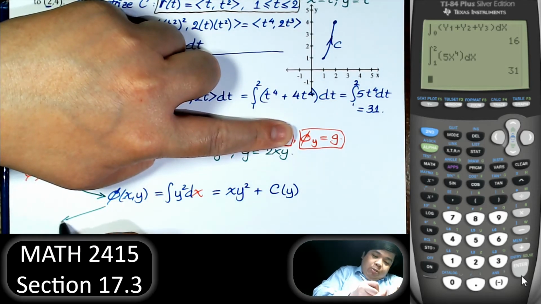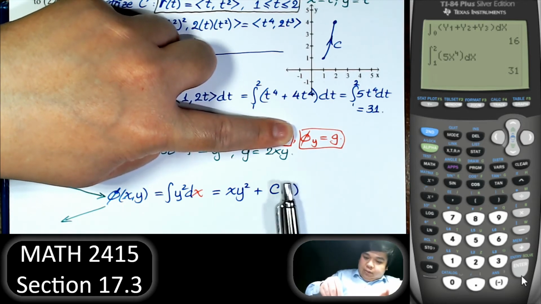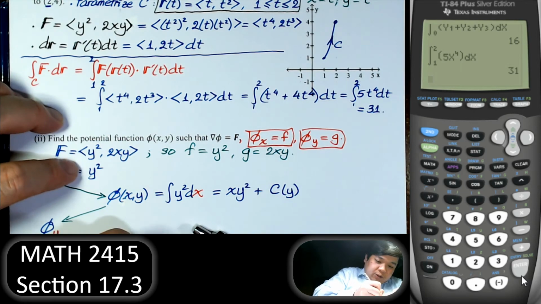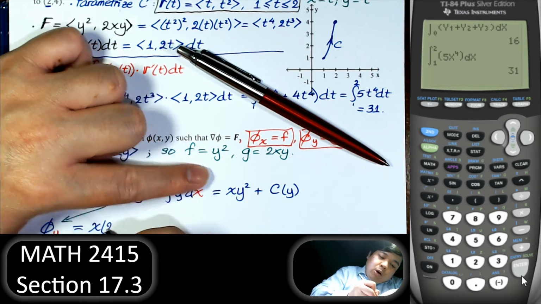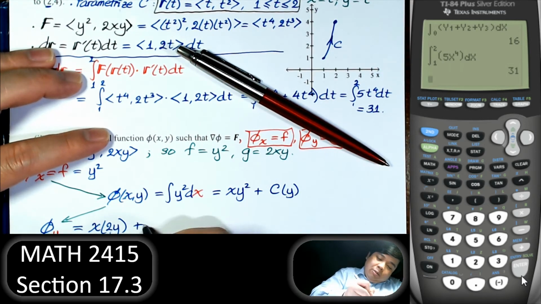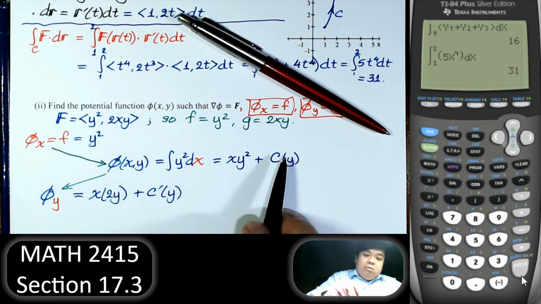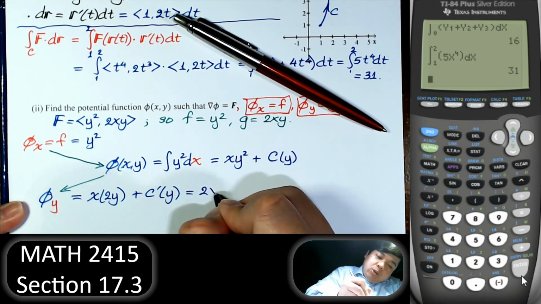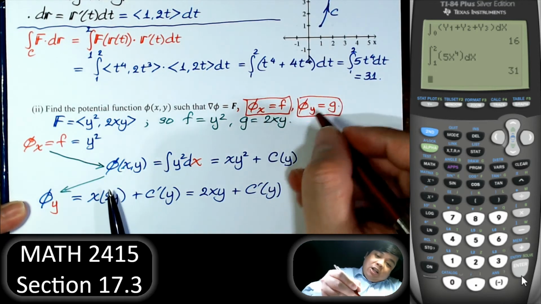Then we'll take the derivative with respect to y. From here, we have x times 2y plus the derivative with respect to y of c. This is just a derivative, not a partial derivative, because the function only has one variable, which is 2xy, and we're going to make that equal to g.